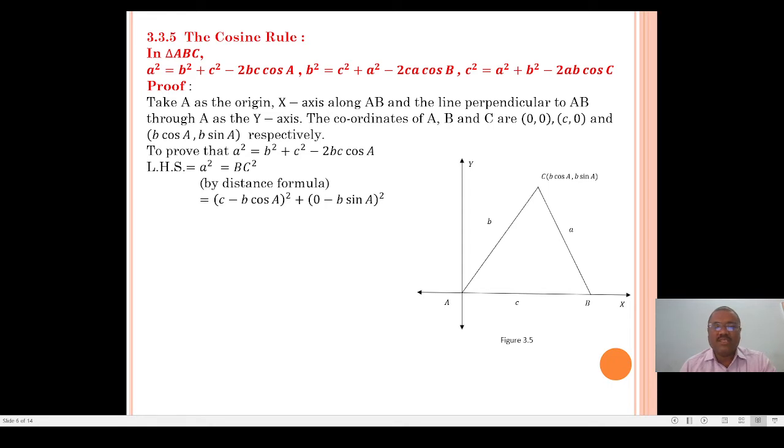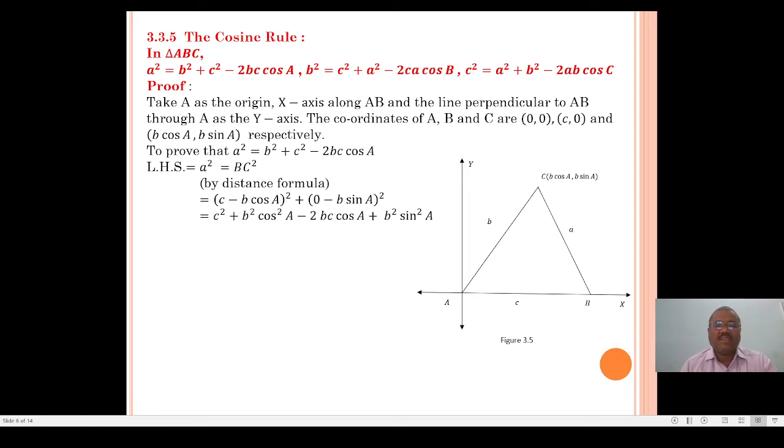So using this distance formula, we find BC square, which equals c square plus b square cos square A minus 2bc cos A plus b square sin square A.